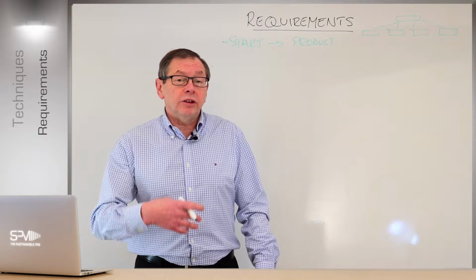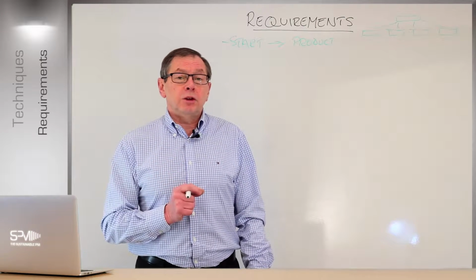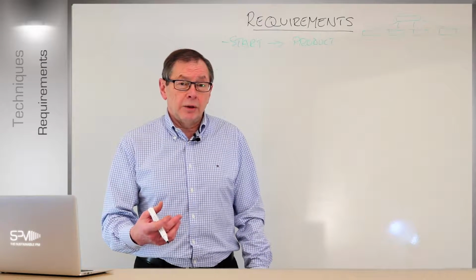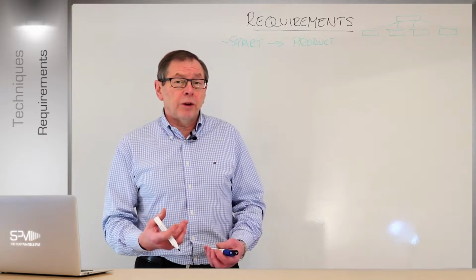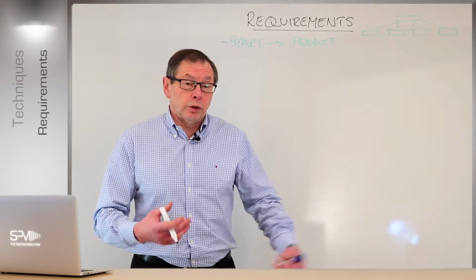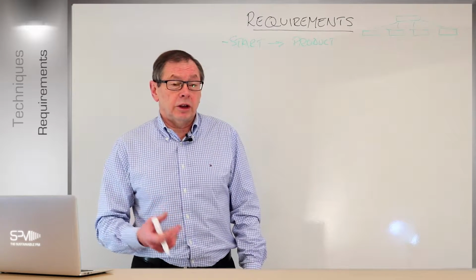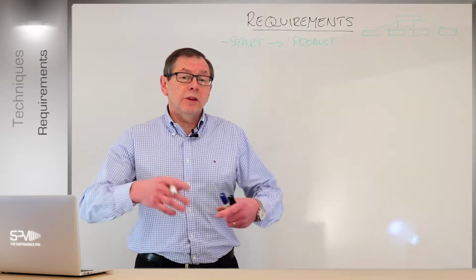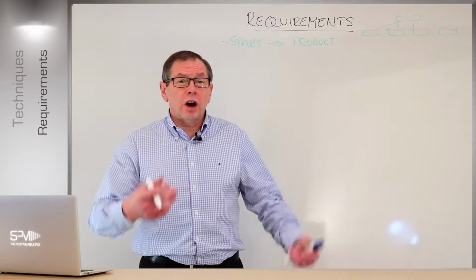What needs to be delivered to realize the beneficial change we're putting in place. So this is the consideration we have. But if we start off with the products first of all, what do we expect to deliver? We can then do that later, and that's what the section on product-based planning looks at, a bit more detail. So let's have a look at what are products, what are requirements.